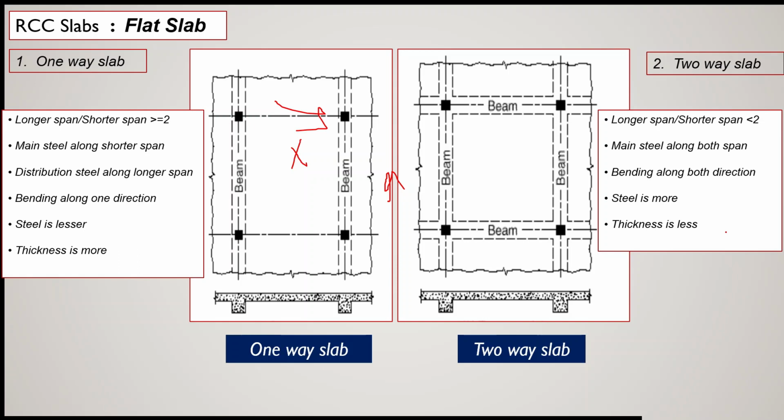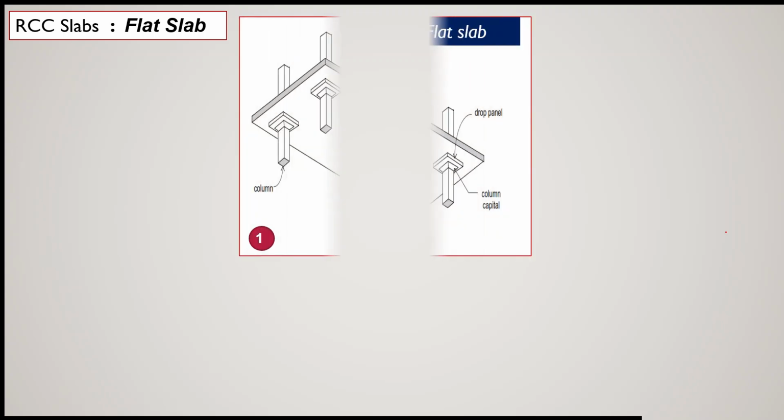Now, to recall, I have discussed all these things. Now let us understand what basically a flat slab is and what the requirements of a flat slab are. When is a flat slab basically required, when do we have to go from a one-way or two-way slab to a flat slab?